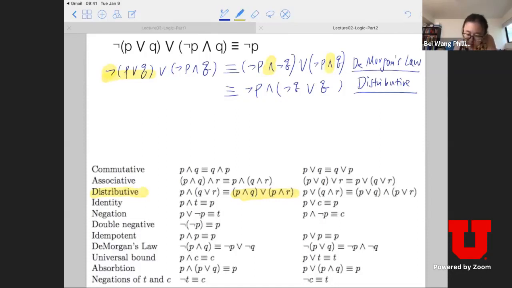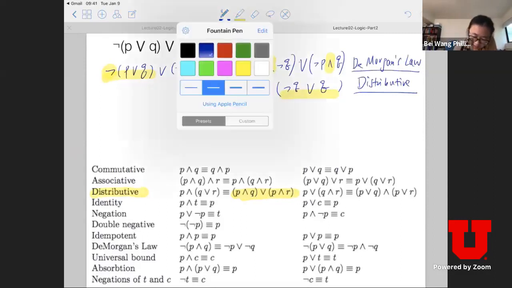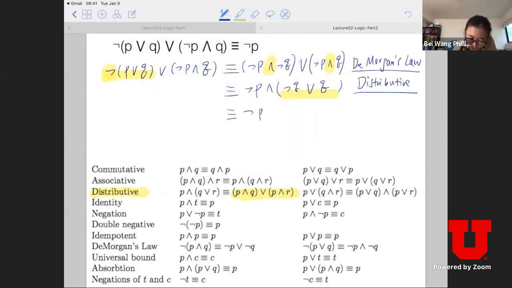The next thing: what's interesting is that if you look at this term, this is not Q or Q. And this looks familiar, right? There's a few things you can do. If I want exactly the rule I want to use, I can switch the order of these two: Q, not Q. This is basically applying the commutative rule.